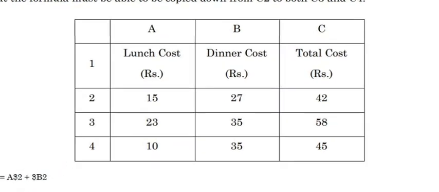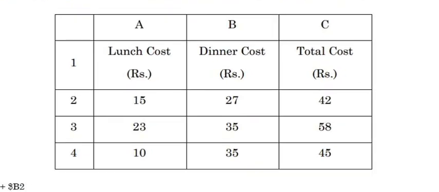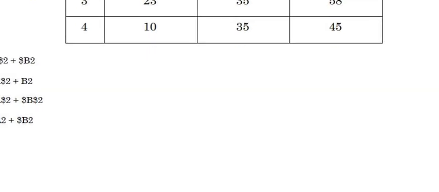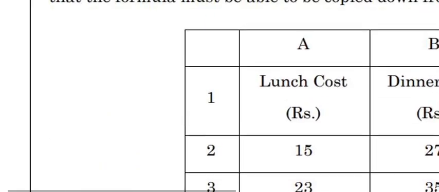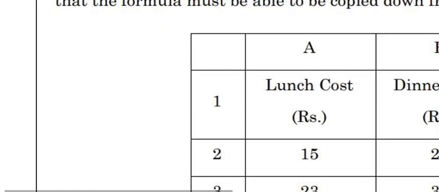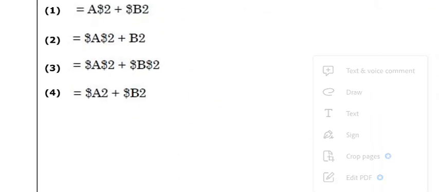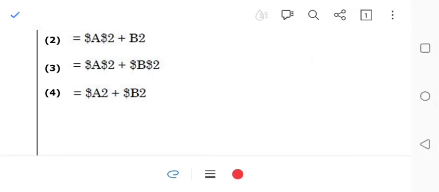So this is the chart: rows 1 2 3 4, columns A B C, then lunch cost rupees, dinner cost rupees, total cost in rupees. Let me read first A, then B, then C: 15, 23, 10, 27, 35, 35, 42, 58, 45. Now, these are the options we have got. 35 correct option will be number D, $A2 maybe plus $B2.